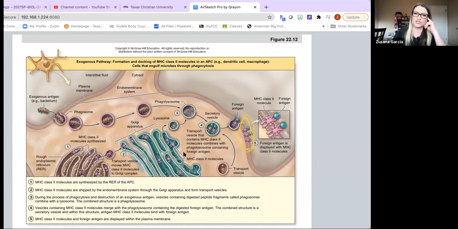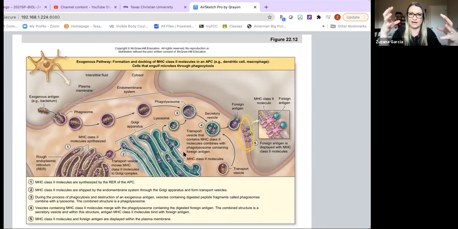Now, this is going to be a stimulus, or kind of like a calling, for your T lymphocyte, especially for your helper T lymphocyte. Your helper T lymphocyte will detect this on the antigen presenting cell, and it will get activated. And when that helper T lymphocyte gets activated, it starts multiplying itself. All those new copies of that original helper T lymphocyte are now going to have a memory of that antigen.